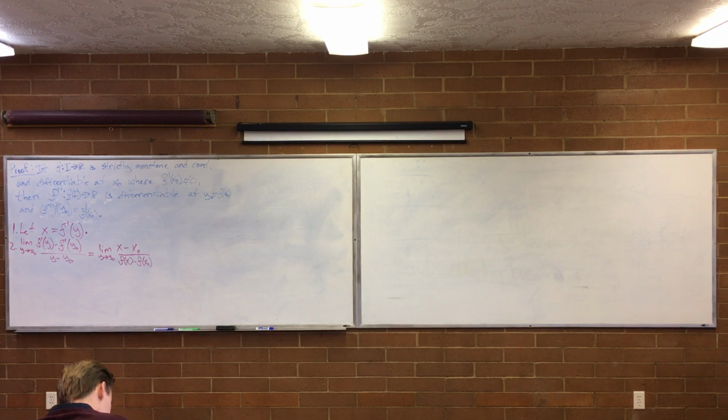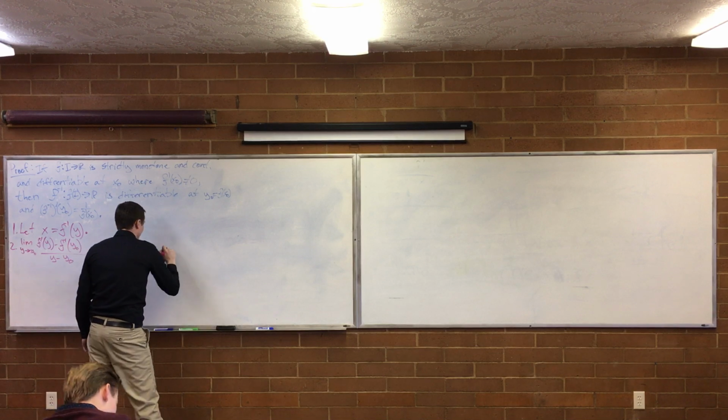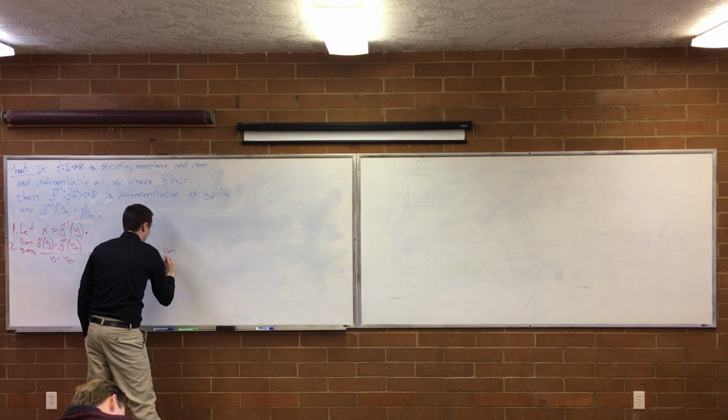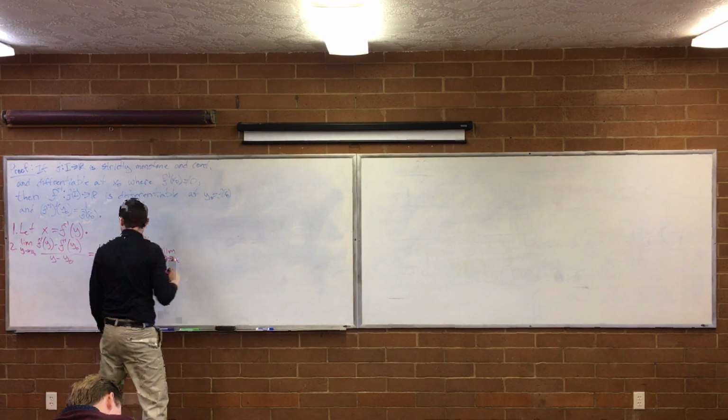Okay. Maybe I'll just write it. I think you'll get it. So this is equal to the limit as y approaches y naught of 1 over f of x minus f of x naught over x minus x naught. You good with that?